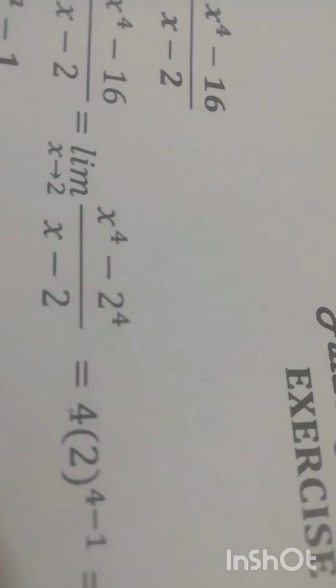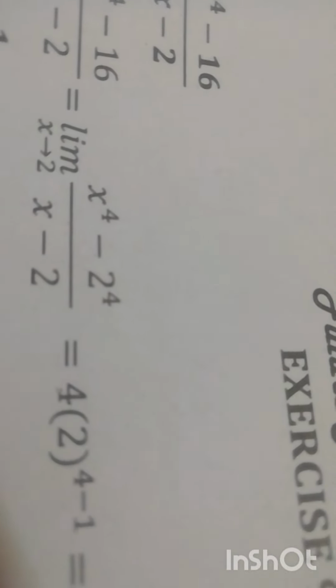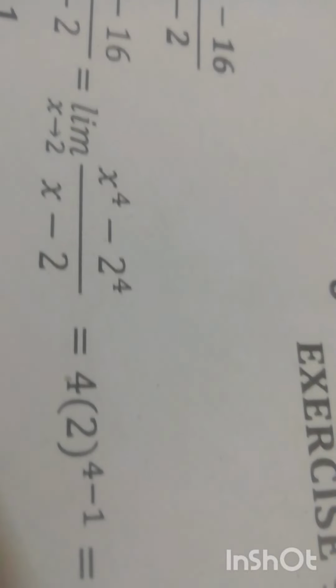So what is the result of this form? n into a power n minus 1. Here a is equal to 2, n is equal to 4. So 4 into 2 power 4 minus 1, which is 4 into 2 power 3. 2 power 3 means 2 into 2 into 2: 2 2s are 4, 4 2s are 8.